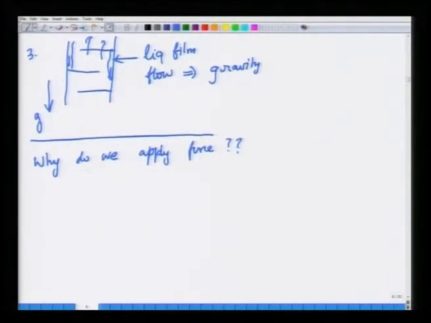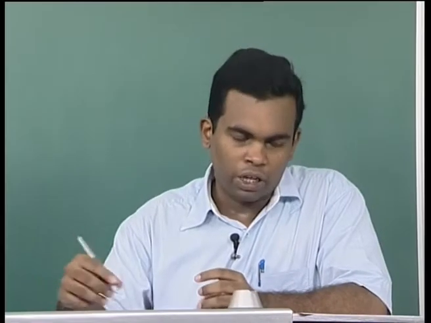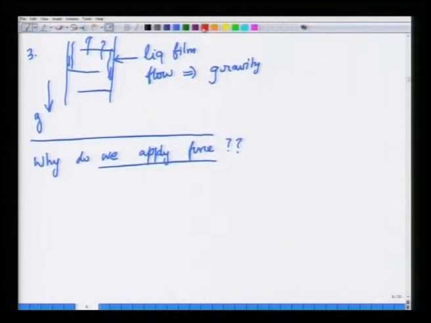We have to apply a force to push a fluid, to move a fluid in a pipe or in a reactor. That is because the fluid resists deformation because of its viscous nature. We will of course define all these concepts more precisely as we go along, but this is by way of introduction and motivation.